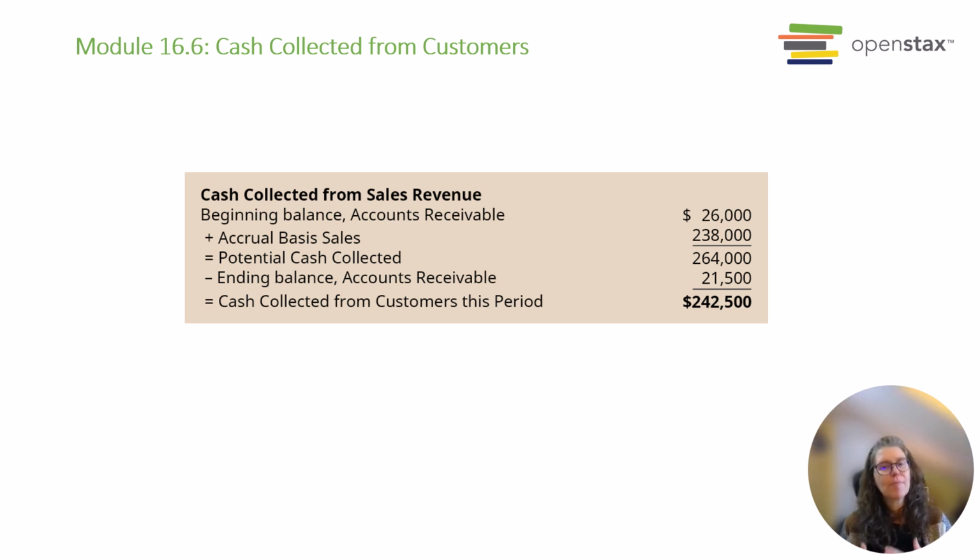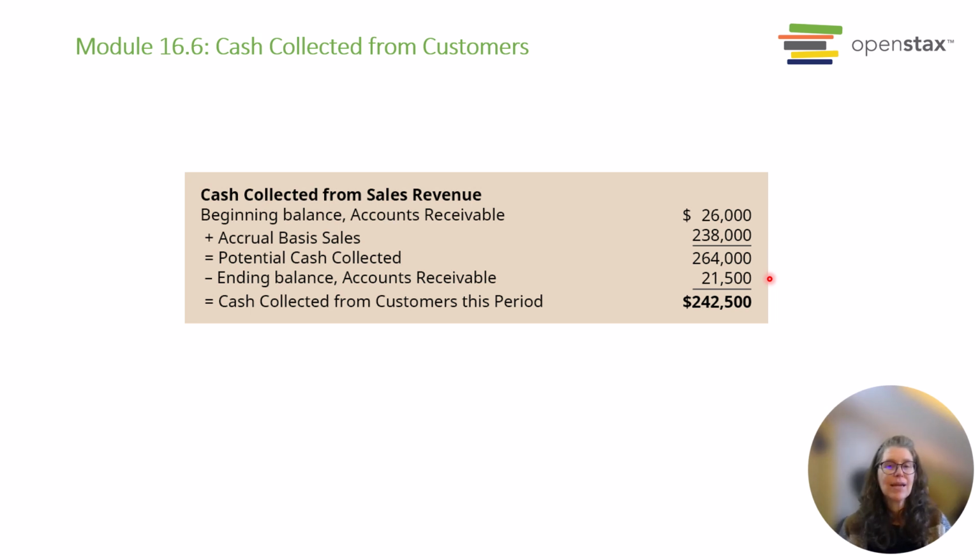So for Propensity, they actually started 2018 using the end of 2017 number with $26,000 in accounts receivable, $238,000 of accrual-based sales means that they had $264,000 in cash that they could have collected in the year.